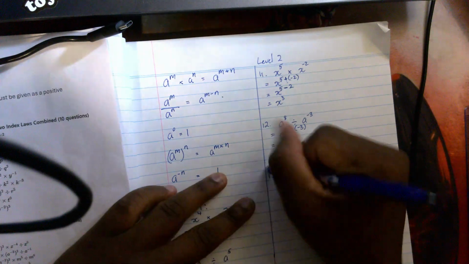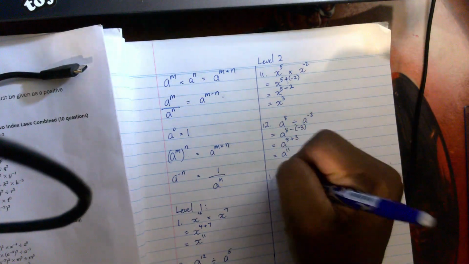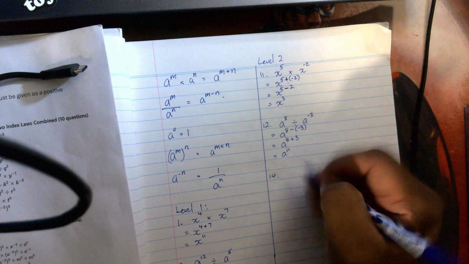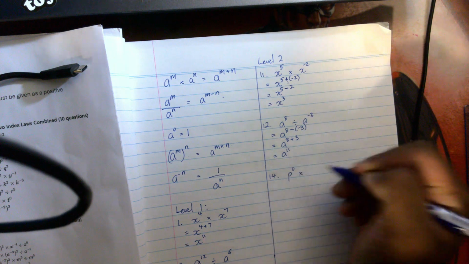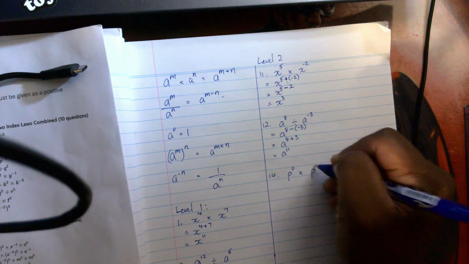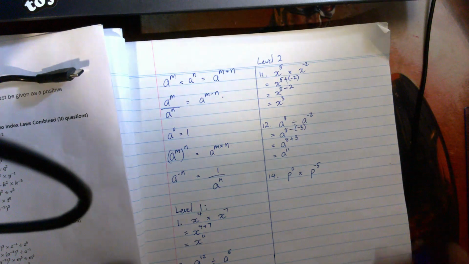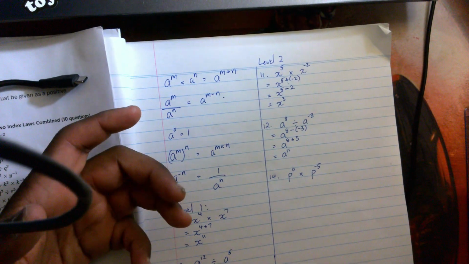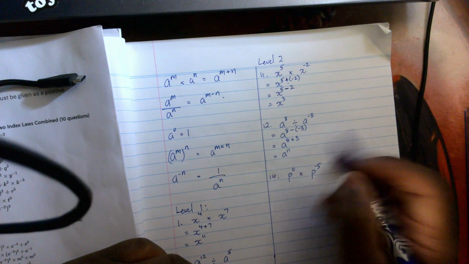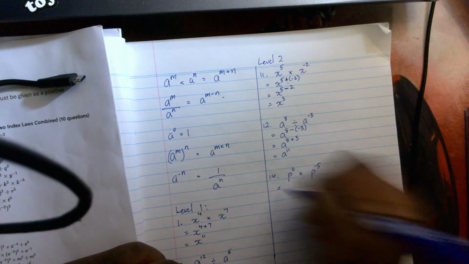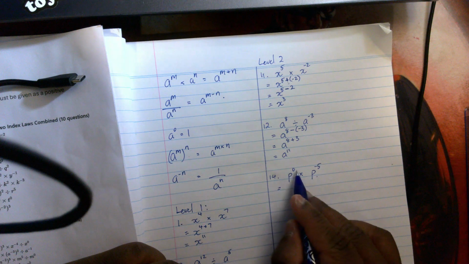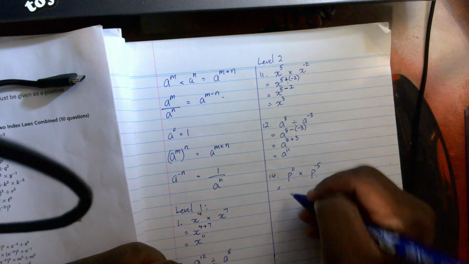Not 13, I'm going to do 14. I've got p to the 0th power times p to the negative 5. Alright, there are two ways to do this. I'm going to use the multiplication rule. So we know from multiplying we can just add those powers together.